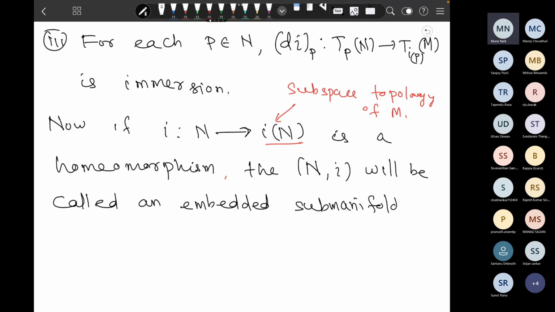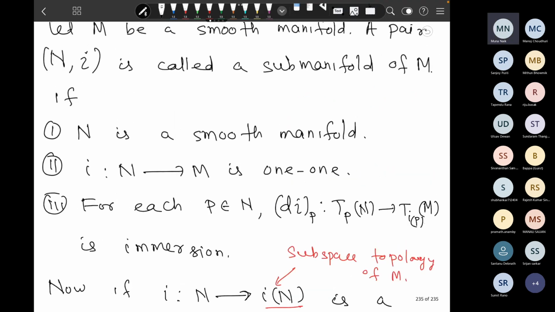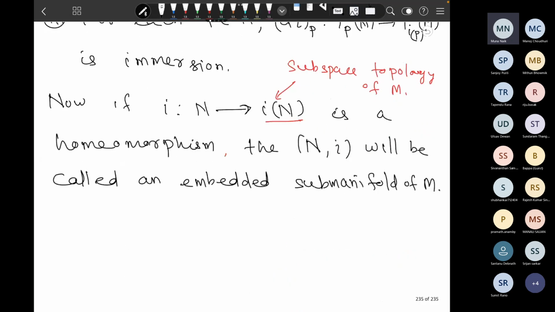Sometimes people call this an immersed submanifold, but whenever in a book you find the word submanifold written, you should understand it as an immersed submanifold. So if N is homeomorphic to I(N), then it is called an embedded submanifold.